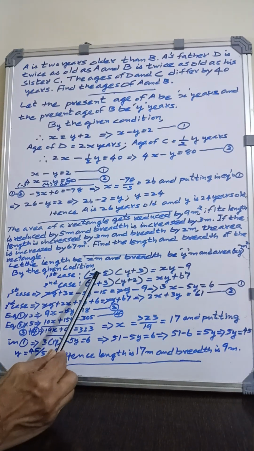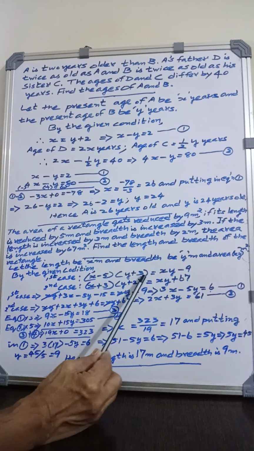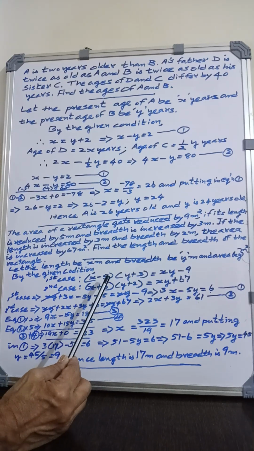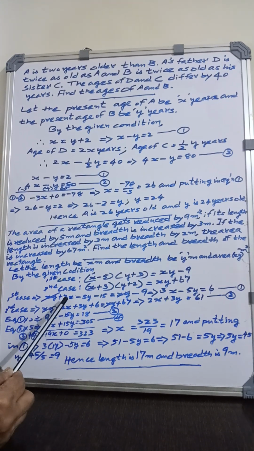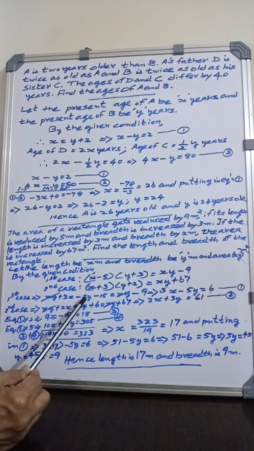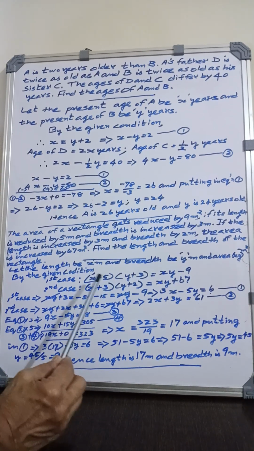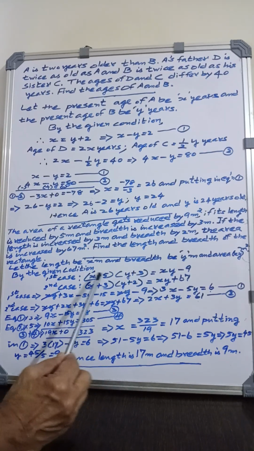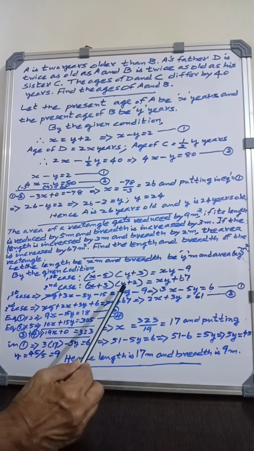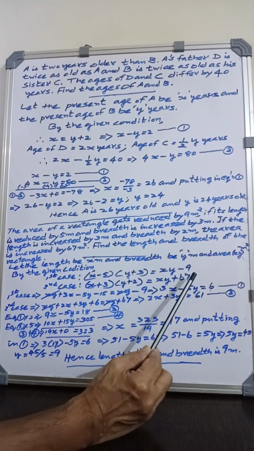In the first case, when we expand this expression x minus 5 into y plus 3, we get xy plus 3x minus 5y minus 15 equals xy minus 9.